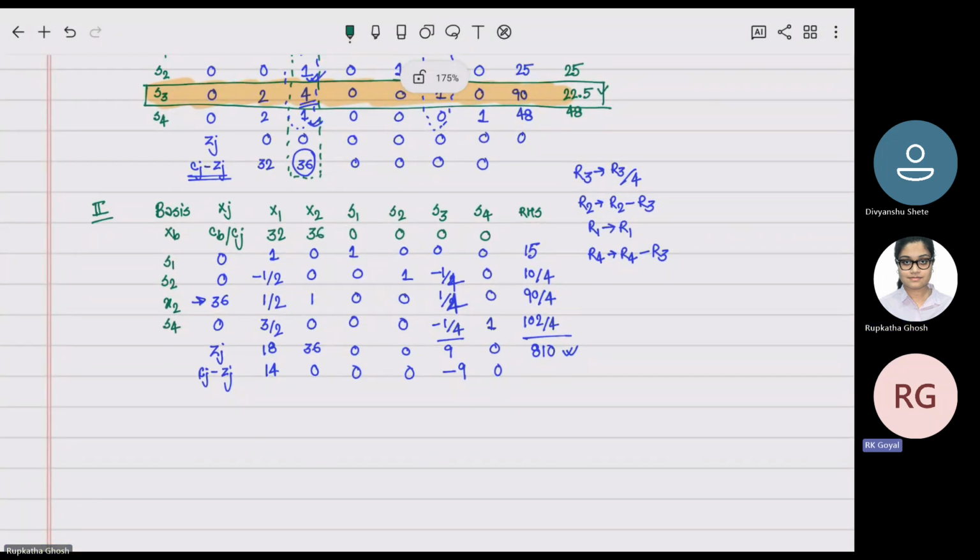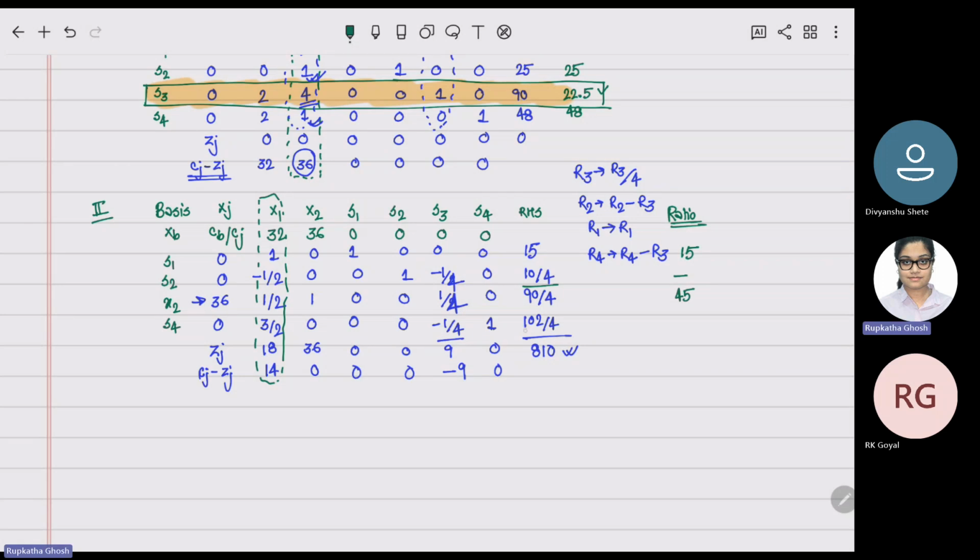Going to select X1, isn't it? Yes. So now again, you do the ratio. See, now we have this column, because you have 14 here. So simple thing, we will do what? See, 10 by 4 by minus half doesn't make any sense, okay? So we do nothing about it. 15 by 1 is 15. 90 by 4 by half, that is 90 by 2, so 45.